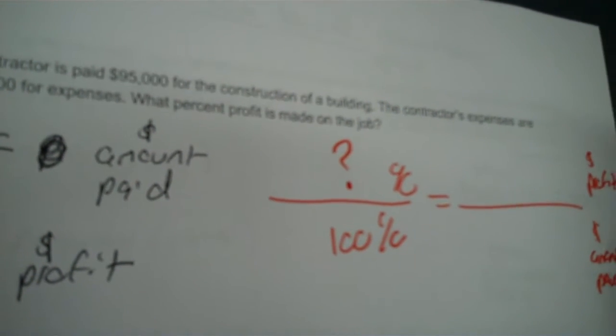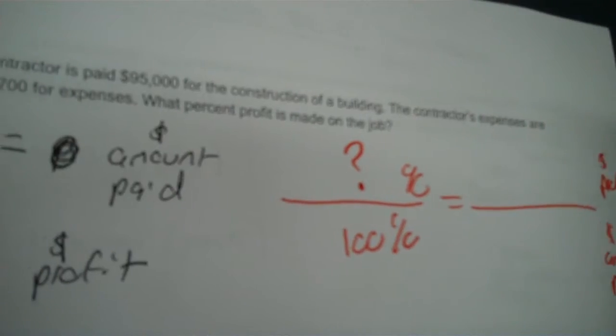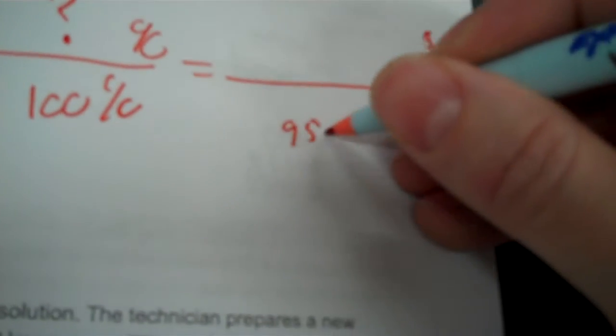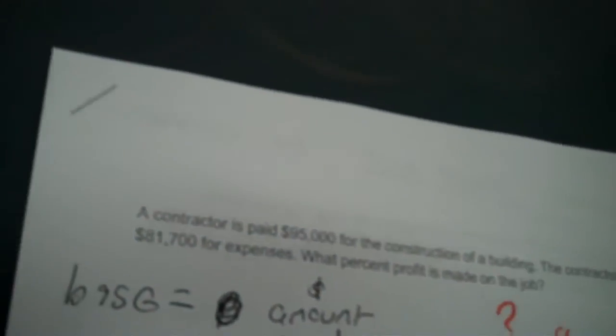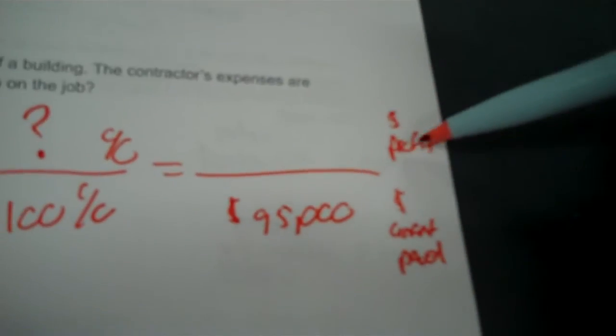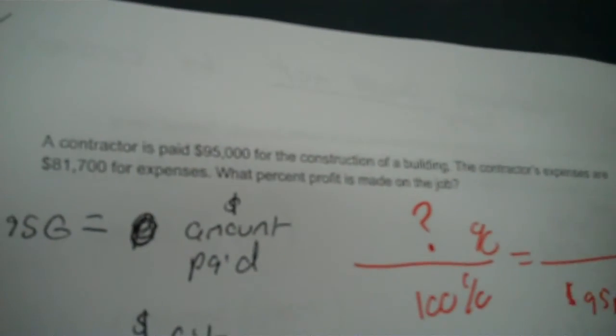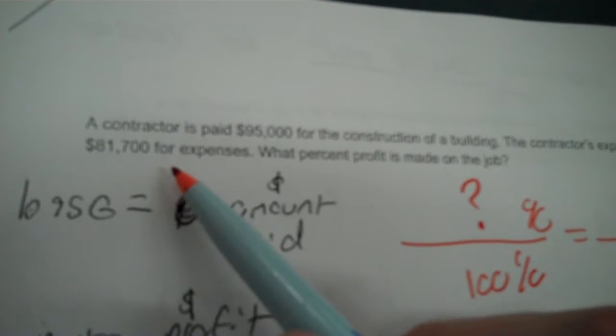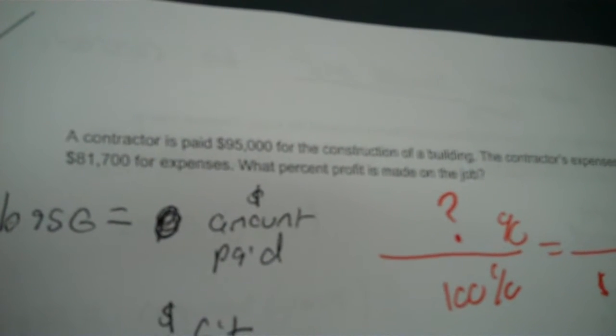And then what's the amount you got paid? The amount you got paid was $95,000. Now you've got to read pretty diligently here. How much actual dollars of profit did he make? You don't really know that. That is not your profit. Expenses is like the opposite of profit.